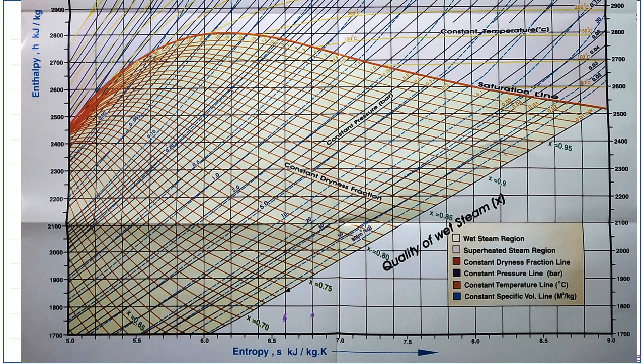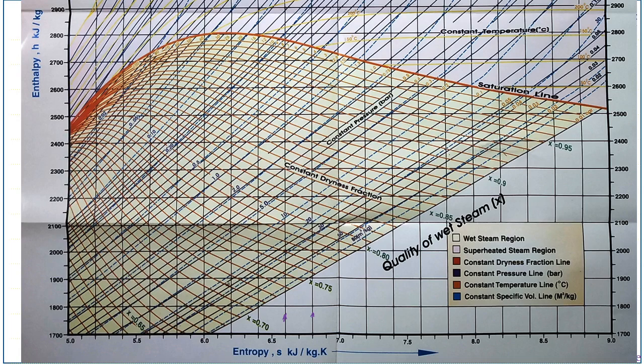Entropy is given along the x-axis: 7.0, 7.5, 8.5 and so on. On the x-axis entropy is given, whereas on the y-axis enthalpy in kilojoules per kg is given.